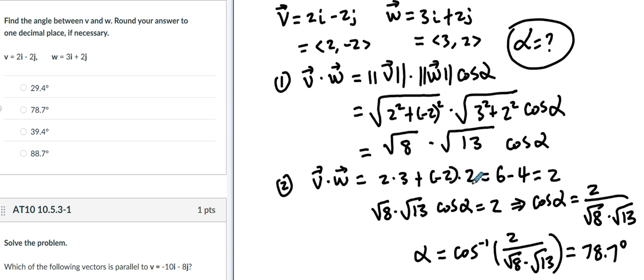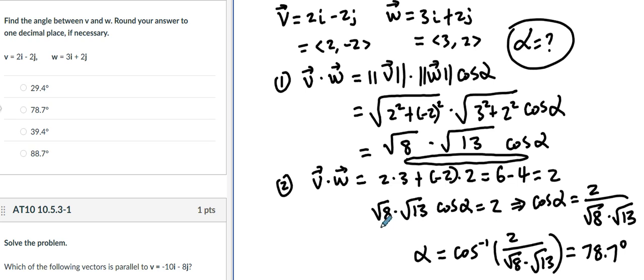Negative 2 times negative 2 is positive 4. Wait, as dictated, 6 minus 4 is 2. And those two values should be equal to 2 because they are the same dot product. We calculated that in two different ways, and they get the same value.